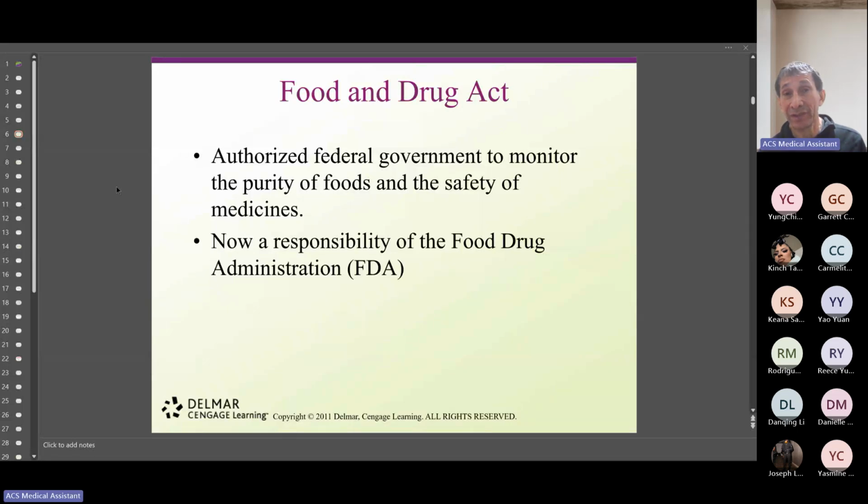Because these are products that are going to be ingested that can cause some conditions to the patient. The food is not just a natural product, but they have chemicals within, particularly these processed foods. And most of the products that we have are processed.